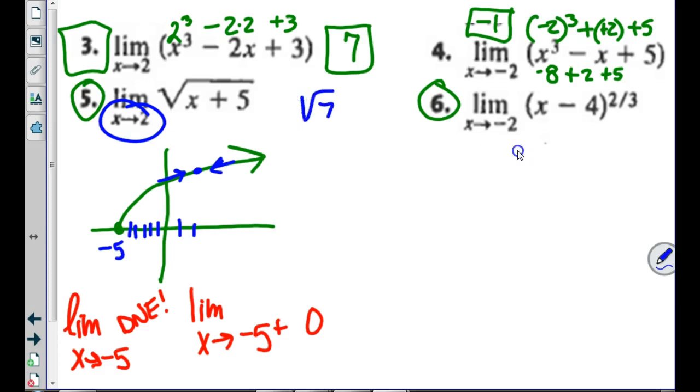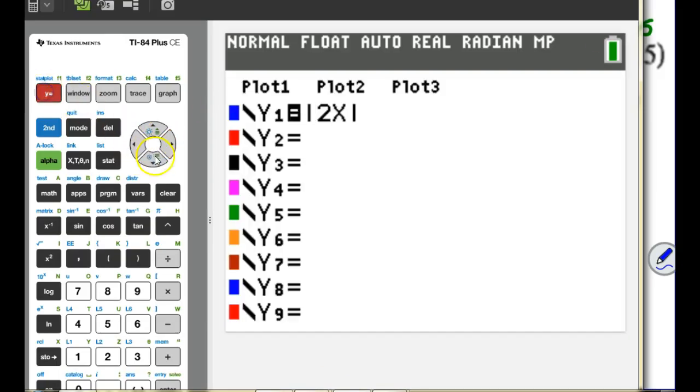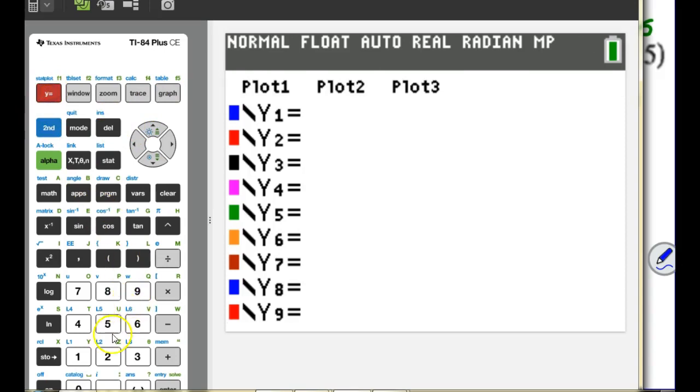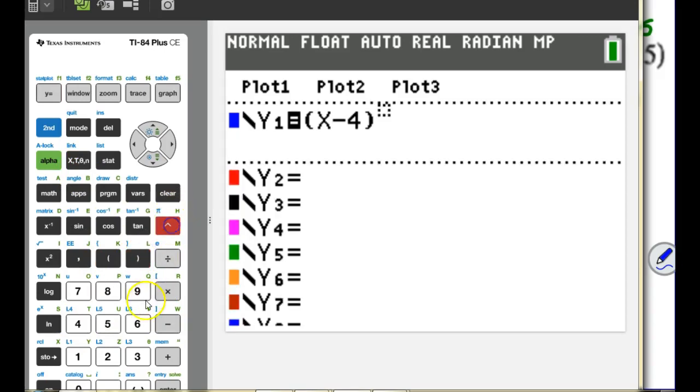All right, let's graph this because I don't think I know what that looks like. I'm going to get rid of this stuff while I have nothing left in there too. What was it again, guys? To the 2/3, or was it 3/2? 2/3.